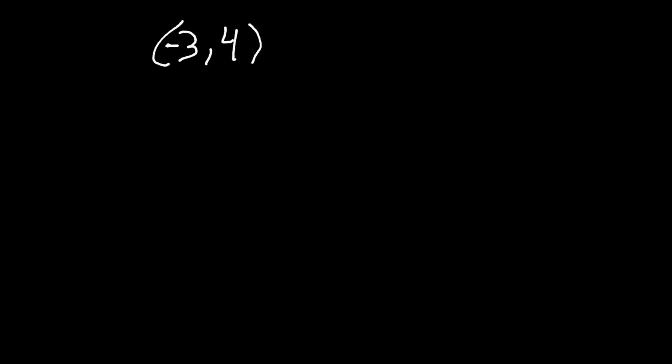Let's say I have the point (-3, 4), and I want to use that point to find the 6 trig values. Well, the very first thing I want to do is plot that point. There's my coordinate plane.